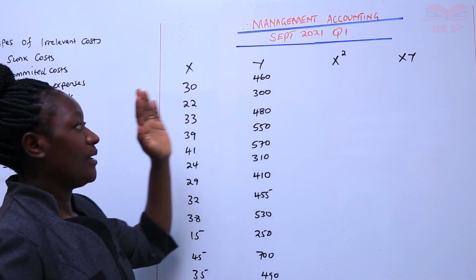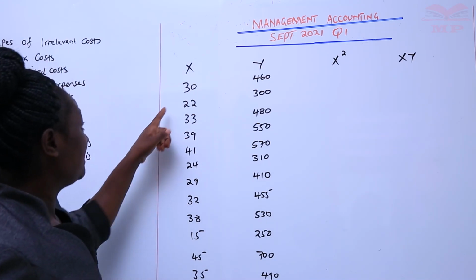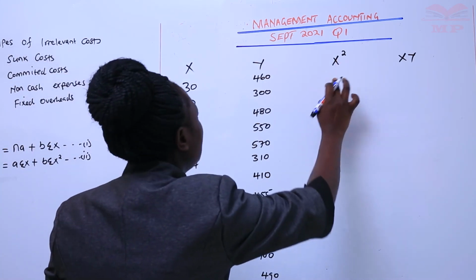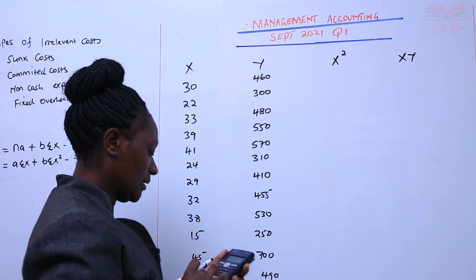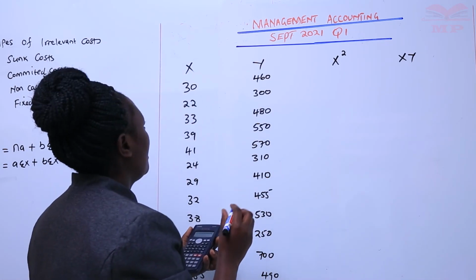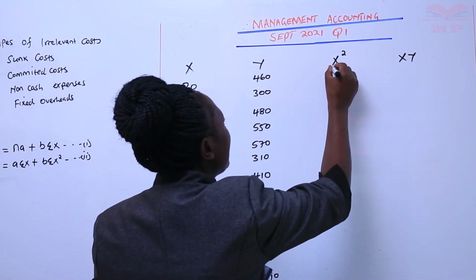To calculate x squared, we are squaring the values of x. So our first value is 30, and therefore x squared will simply be 30 squared. When you calculate 30 squared, it will give you 900.